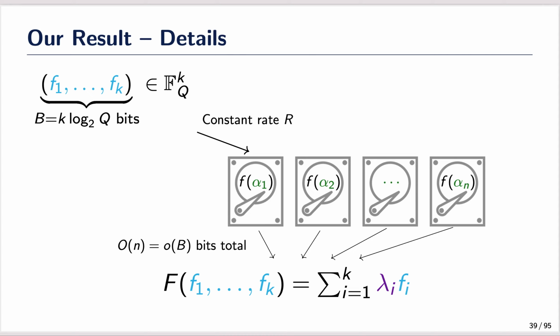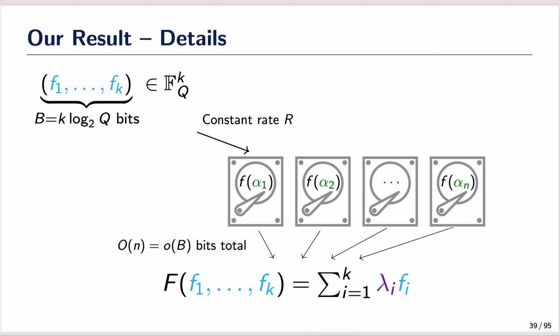So just to review, we have f1 through fk in our field, F_Q^k. And now we encode it. So how do we encode that in a Reed-Solomon code? Well, you just consider your message symbols, f1 through fk, as the coefficients of some polynomial of degree at most k minus 1.